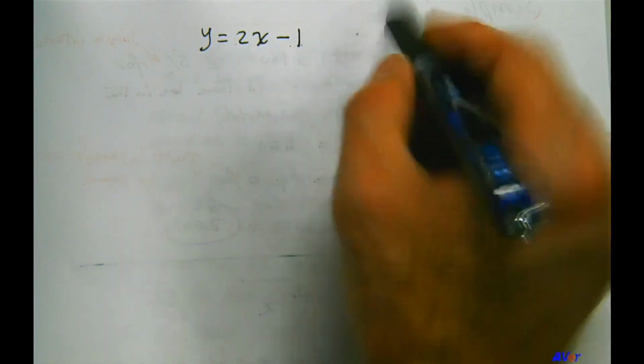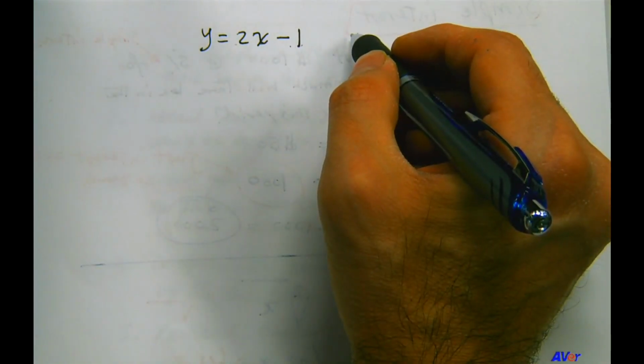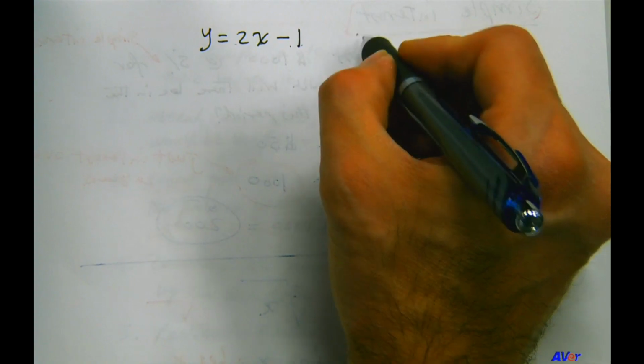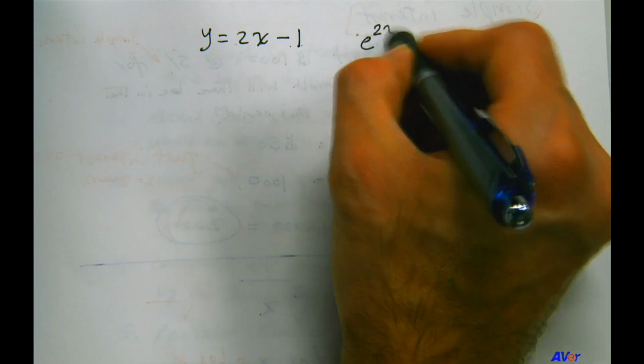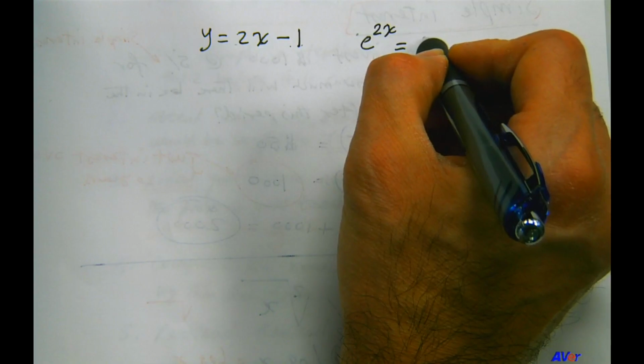But in this section, we will then look at how we can use exponential properties and logarithmic properties to solve equations that are like this. So equals 5.